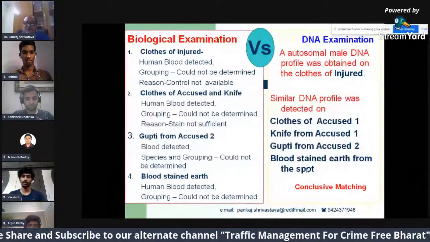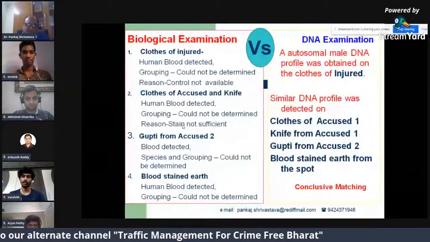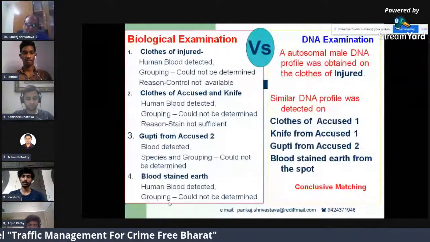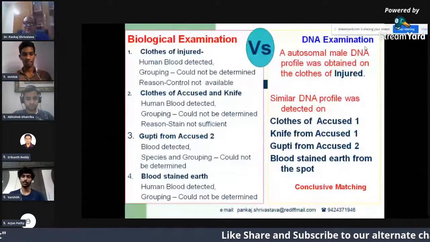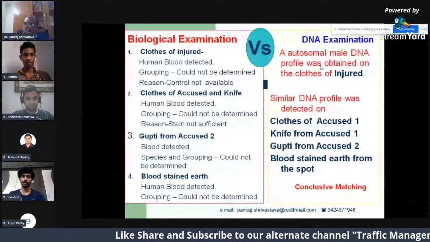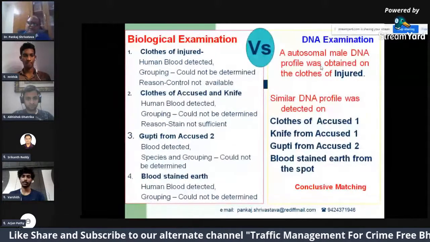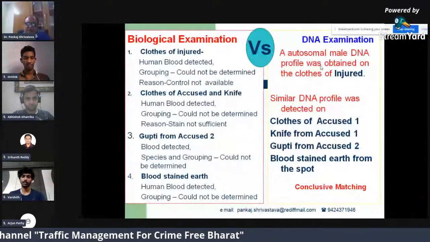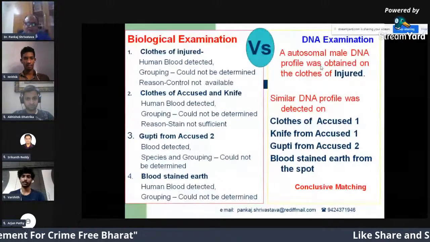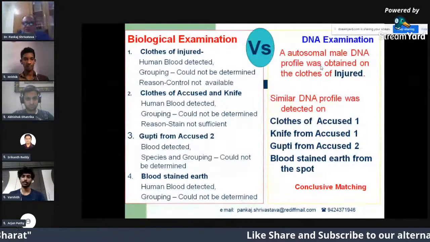Okay, now if you compare the results of these two techniques, that is biological examination versus DNA examination, okay, so results are before you. With biological examination, you are not up to the mark, you are not having any conclusive opinion after doing this whole analysis.